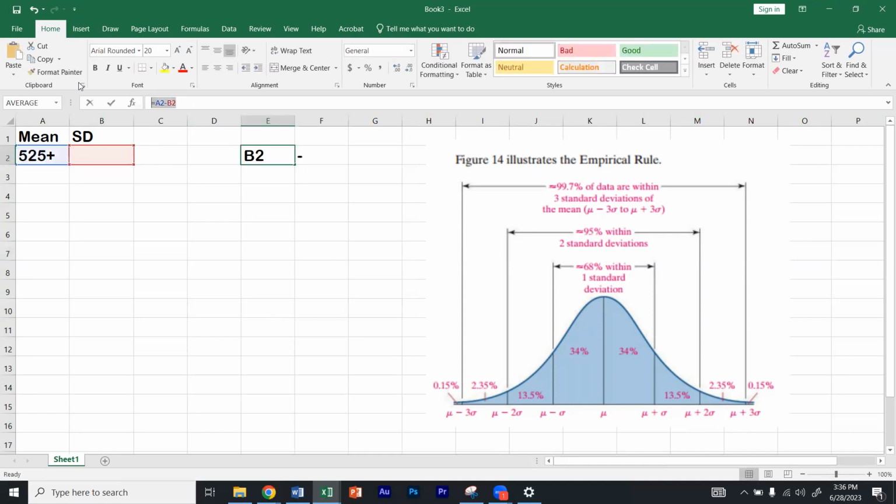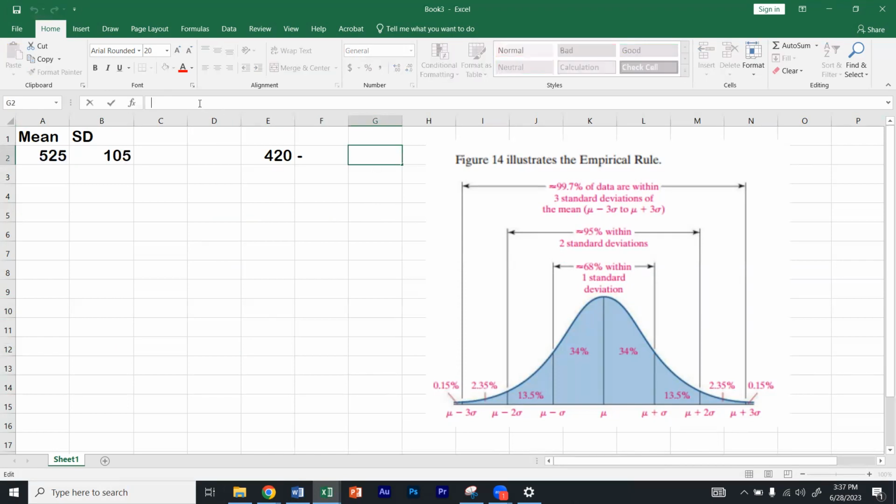Sorry, guys, give me 1 second. Kind of messed up. All right, much better. Here, I'm going to say equal to this guy plus this guy. These are the points. This is not a minus sign. This is a range, okay?